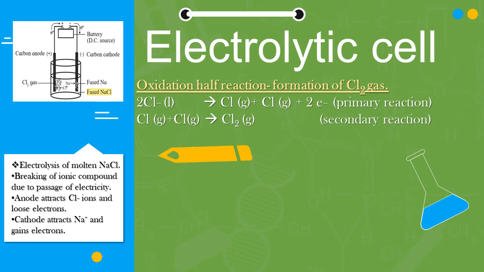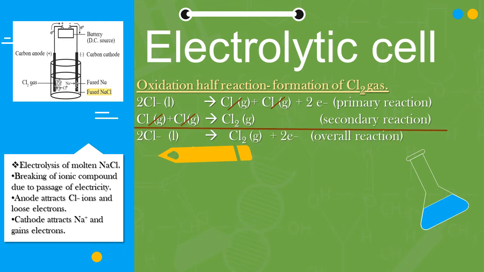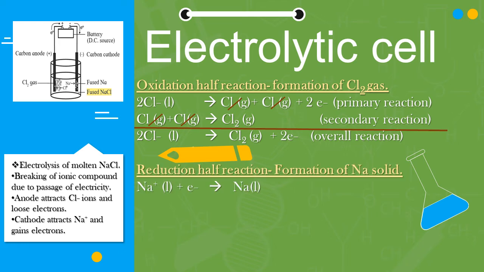In the secondary reaction, Cl atoms combine to form Cl2 gas. To write the overall reaction, we will add both the reactions. The Cl atoms get cancelled out, and the overall reaction will be 2Cl- giving Cl2 gas plus 2 electrons.